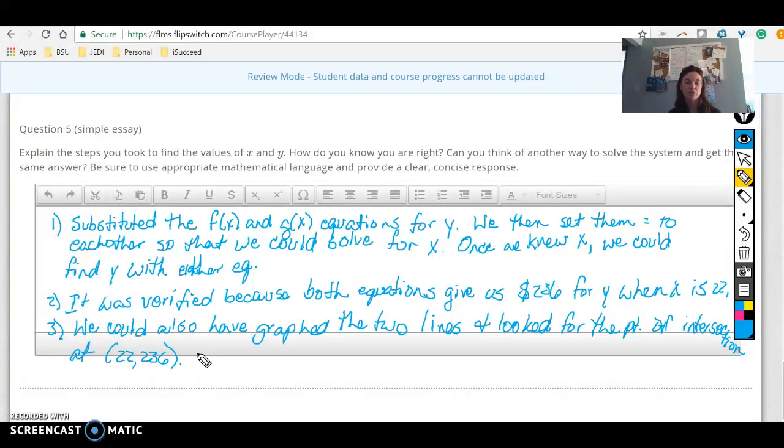And it's important to note that you could have also used the elimination method. Either elimination, graphing, or substitution would work. And in this case, because we'd already had each of these equations set equal to y, it was really easy to use substitution.